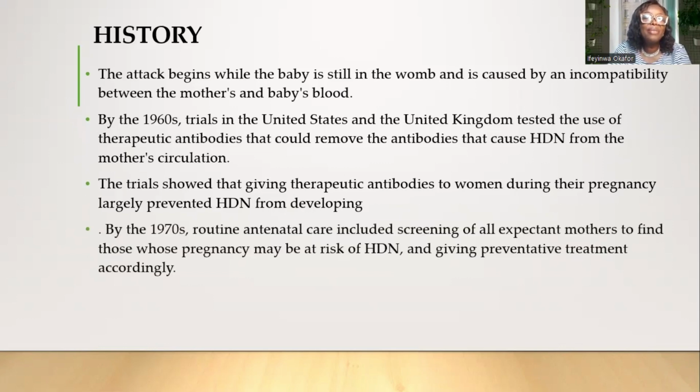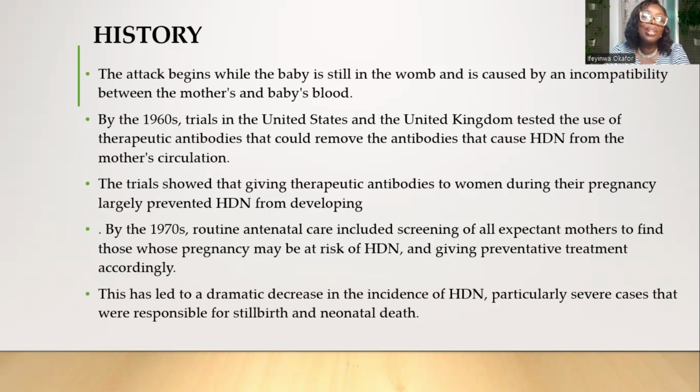Now, by the 1970s, routine antenatal care included screening all expectant mothers to find those whose pregnancy may be at risk of HDN and giving preventive treatment accordingly. Now, this has led to a dramatic decrease in the incidence of HDN, particularly severe cases that were responsible for stillbirth and neonatal death.